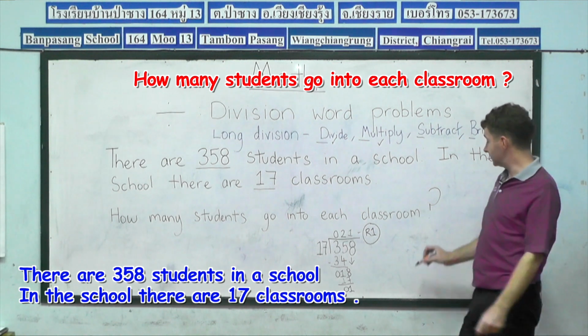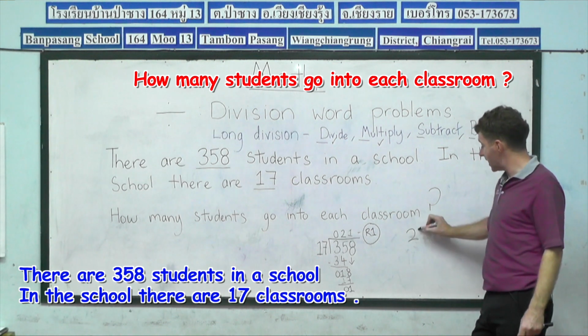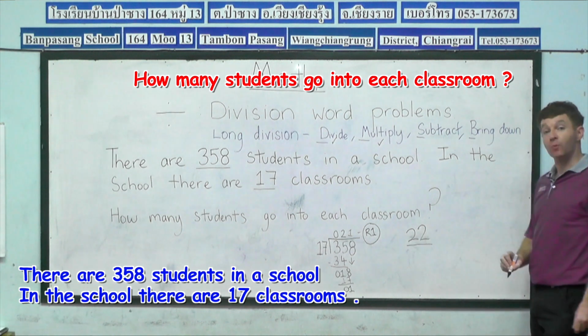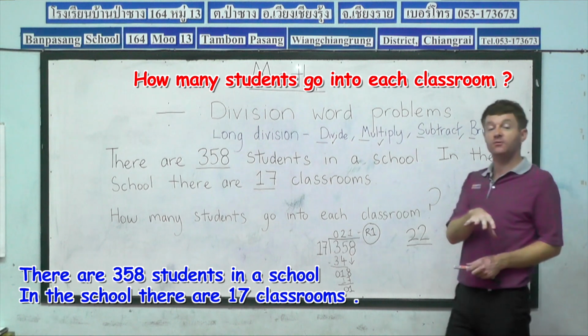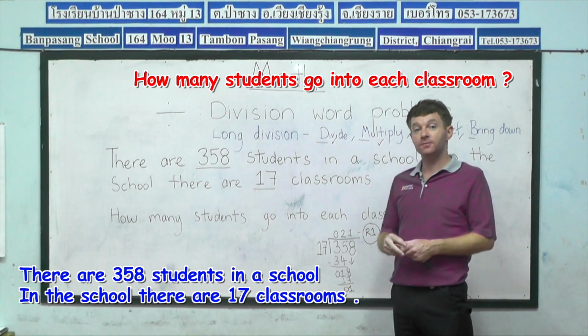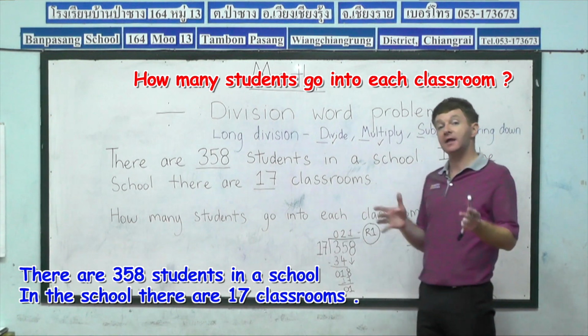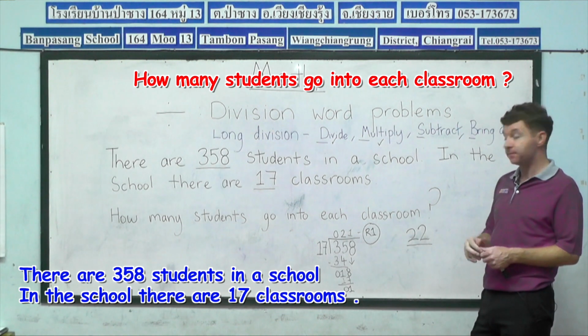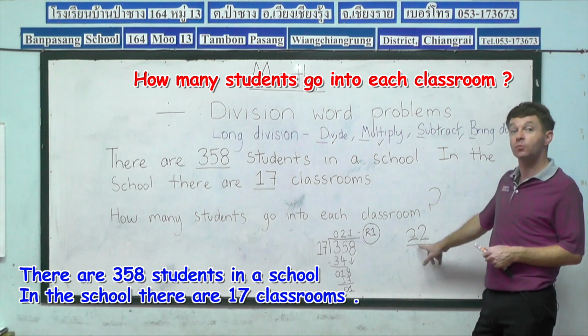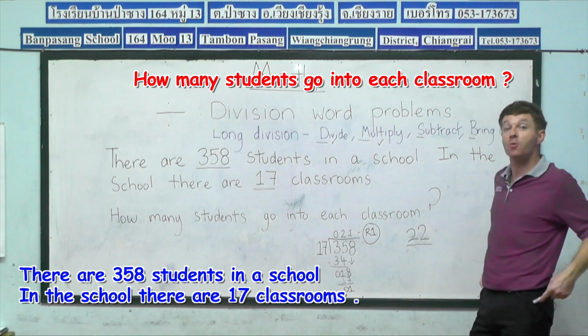So what that means, there will be one classroom that will have 22 students. All we do is we put the remaining student into another classroom. So we have 21 students in each classroom, but there will be one classroom with 22. And that's how we use the remainders.